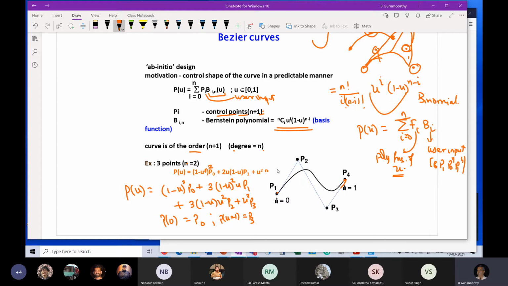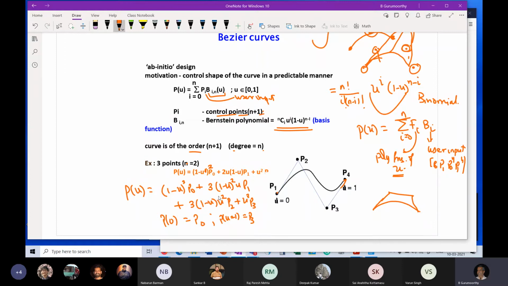Meaning that the moment you prescribe 4 points, you can immediately, mentally at least, draw a picture of what the curve will look like. It cannot be anything but this. Now, the reason I'm saying it in a much stronger way is there are other properties of the curve in play, and we will come to that in a minute.